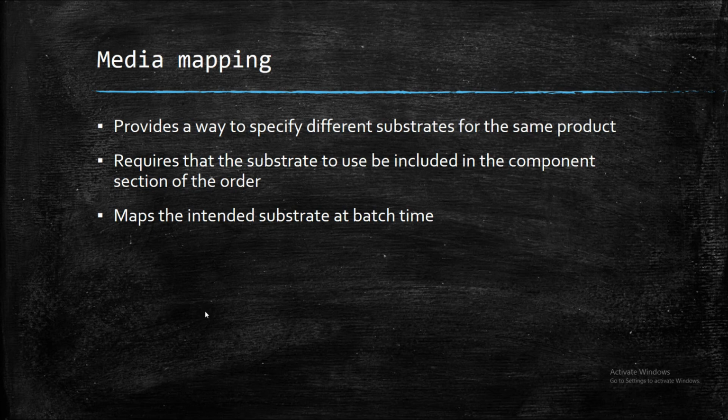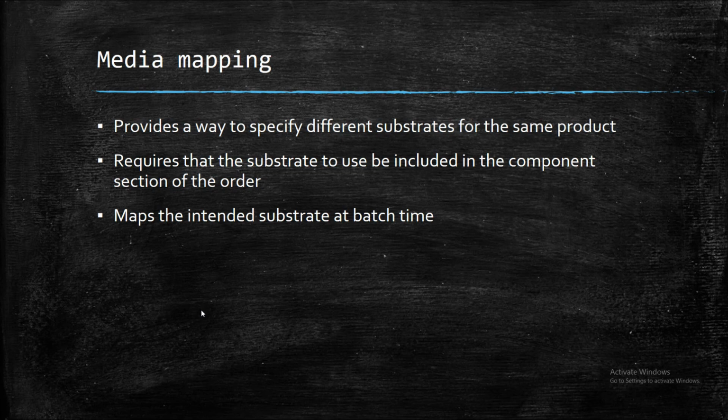And that would allow you to specify 5 different substrates within 5 different batch definitions. But that gives us a lot more things to maintain and keep track of, and one way we can work around that by keeping just one single product template is by using this media mapping.